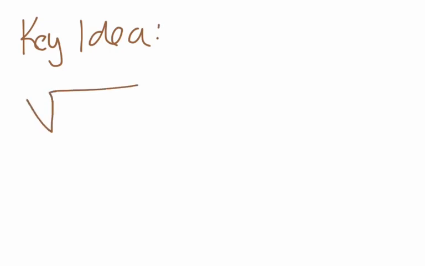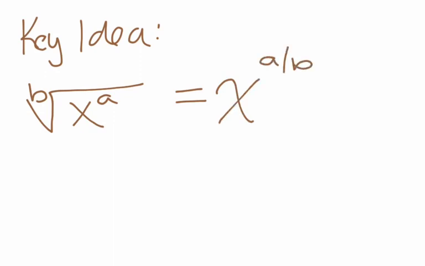And what we would eventually come up with is this key idea. The key idea goes like this. If you have a radical with a particular index and you're taking the radical of something raised to an exponent, that can be rewritten as x to the a over b, like so.